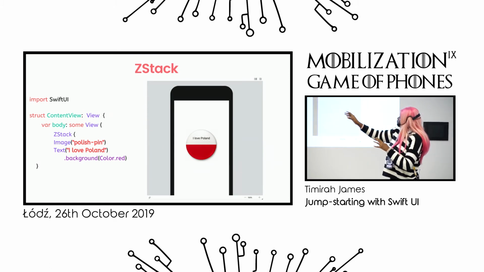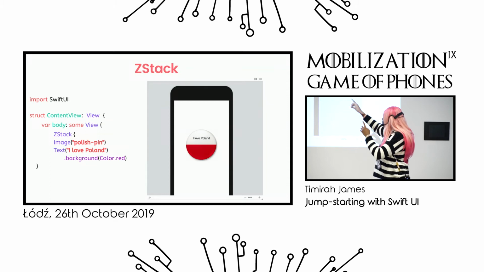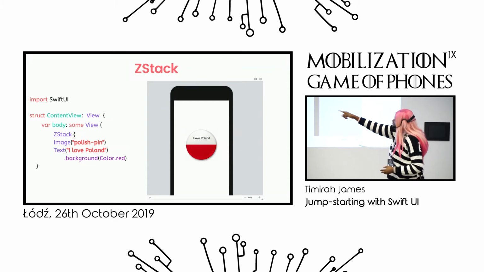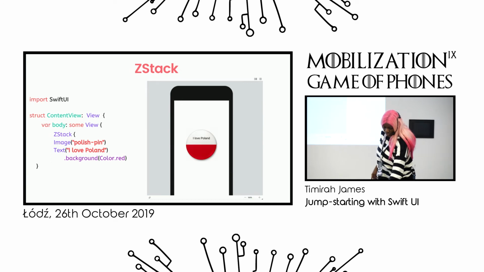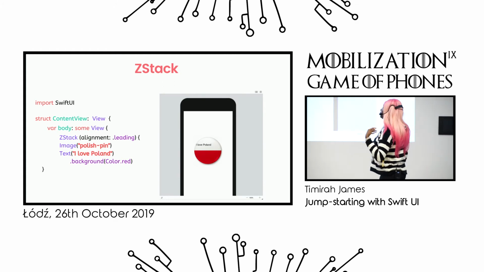So basically this is saying, now I have my Polish pen, I want my text to be over top of that, and then I want my background color to be red, okay, of the text. So super simple, right?